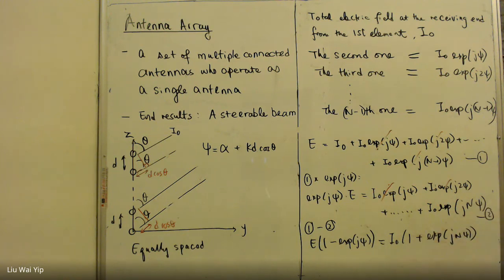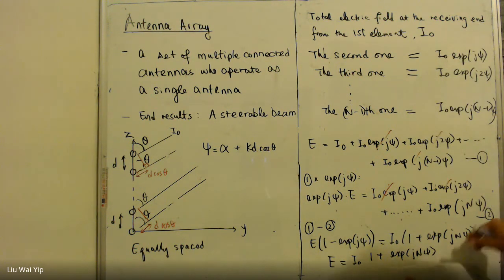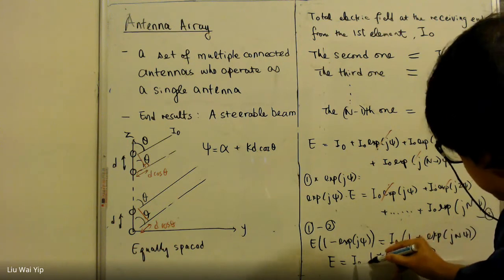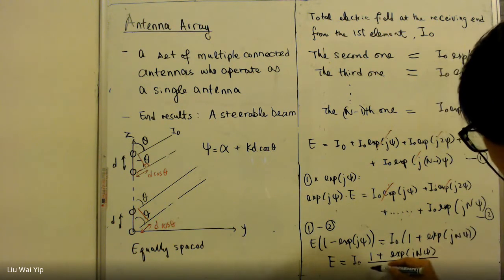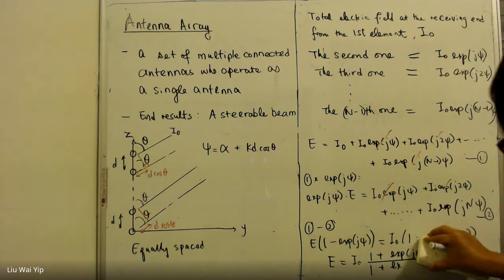Well, at the end, what we can get is E, the top one, yeah, we will end up with a rational expression. And one plus, sorry, it should be minus.